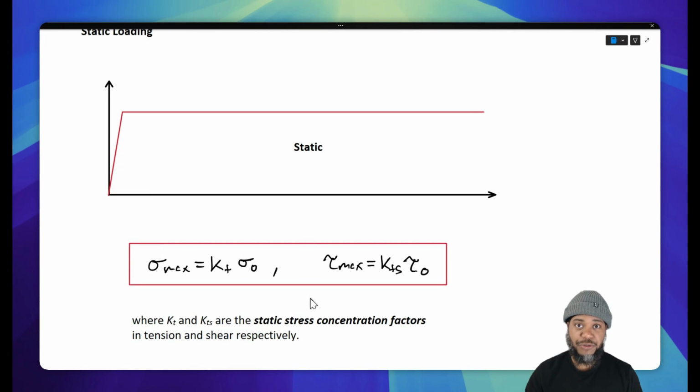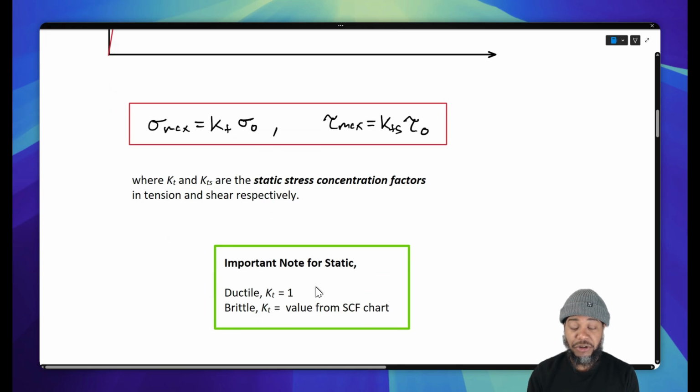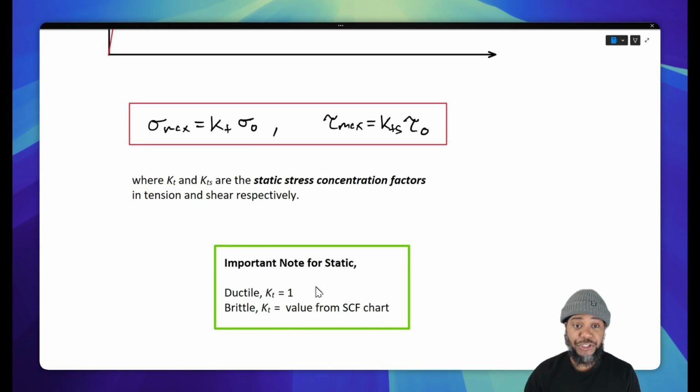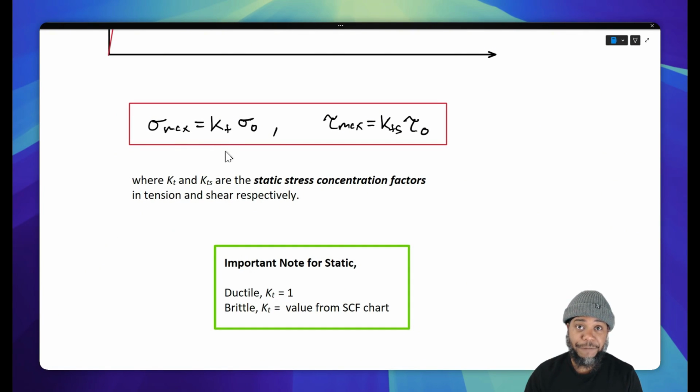This kT value comes from the geometry and the loading conditions of a particular body. So if we had a different type of geometry, we'd have a different kT factor, right? In our textbook, in the appendix, for many different geometry and loading conditions, we have stress concentration factor charts, which can help us to figure out what the kT is for a particular geometry.